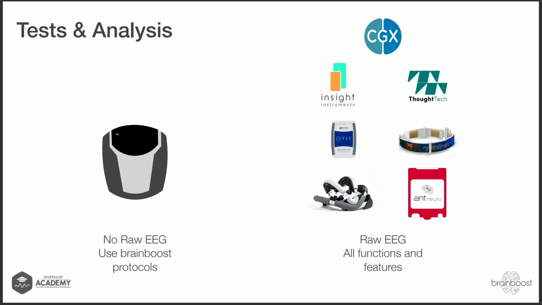So we get at least 4 amplitudes like theta, alpha, high beta, low beta, and have at least those to analyze. But I will show you we have more than just EEG data today. But with all other devices, we get complete access to the raw EEG, which is very sweet, so we can do whatever we want in our software. I think all of you have been using our software, some for a longer time, and so this is going to be very cool what I'm going to show you today.